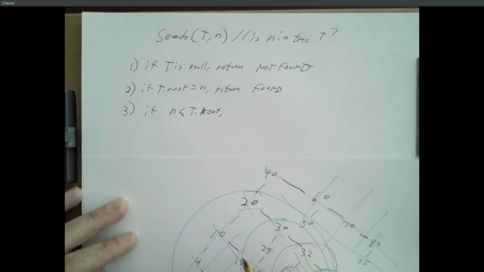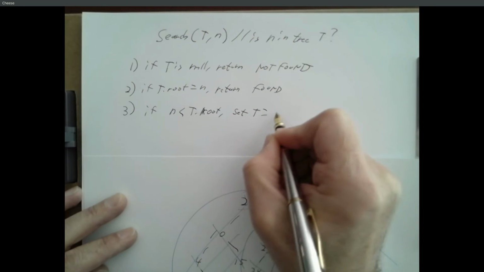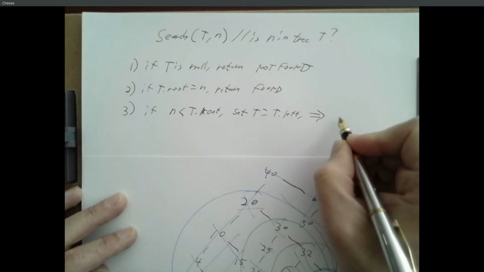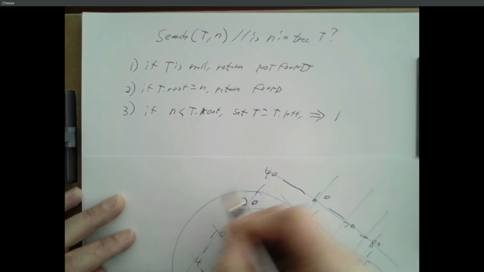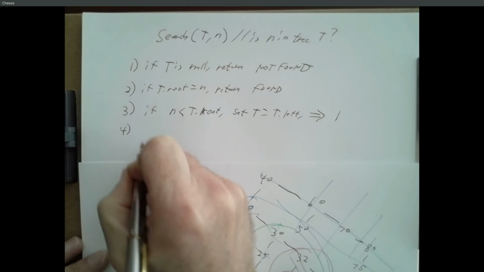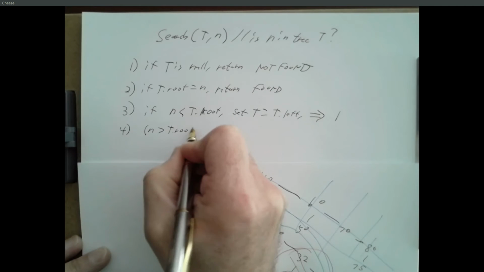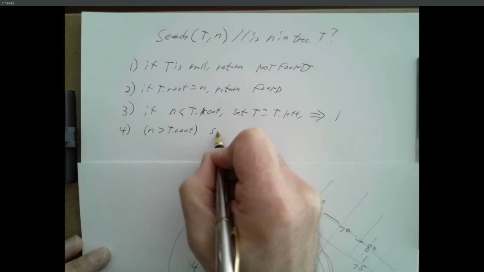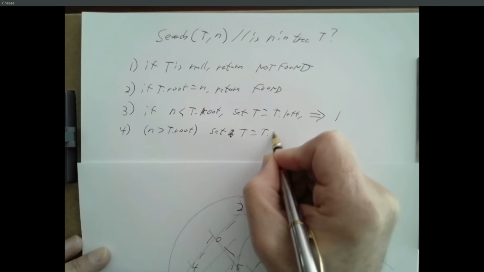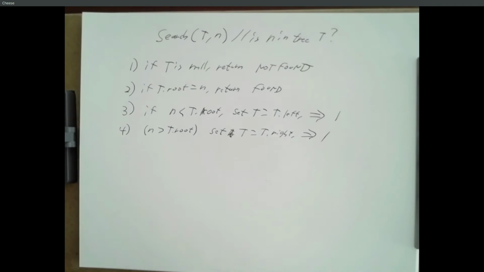If the number we're looking for is smaller than the root, set T equal to the left child and go back to step 1. Otherwise, n must be bigger than the root. Set T equal to the right child and go back to step 1.